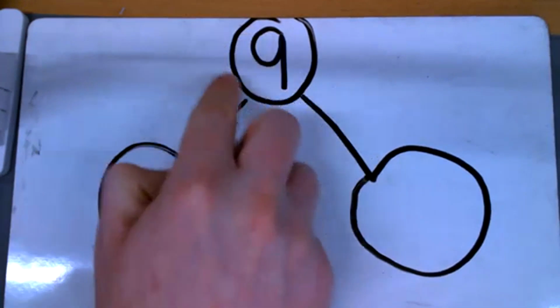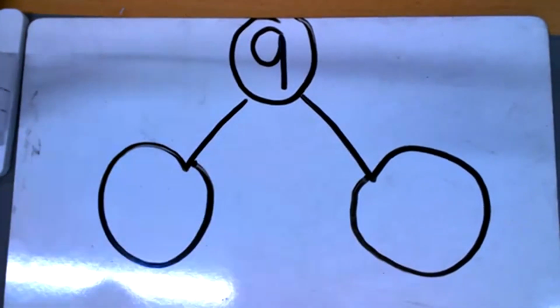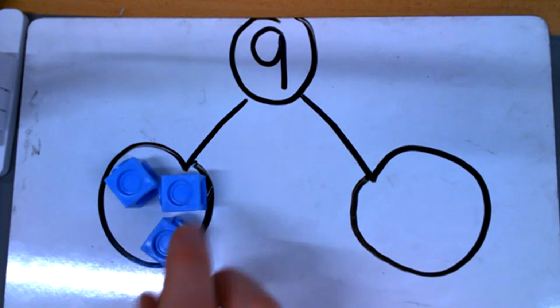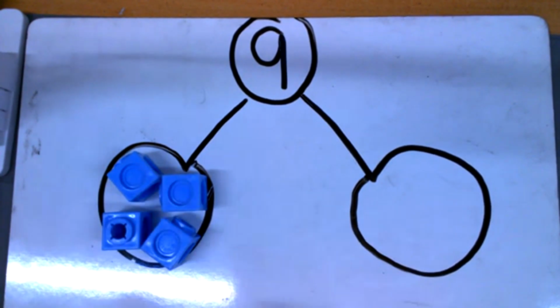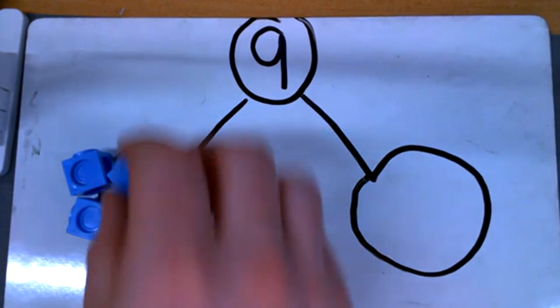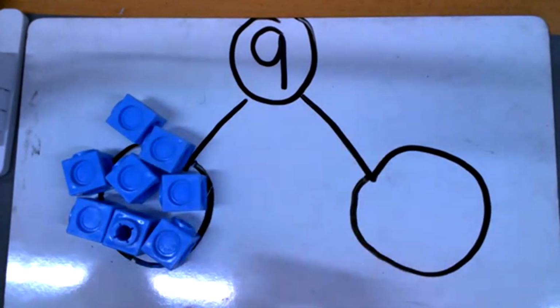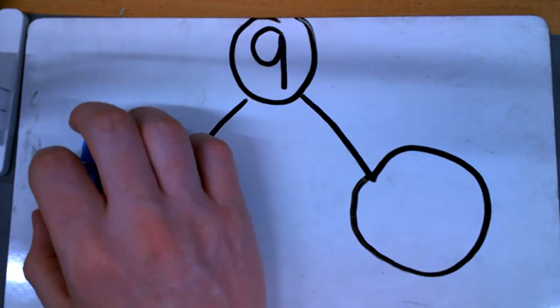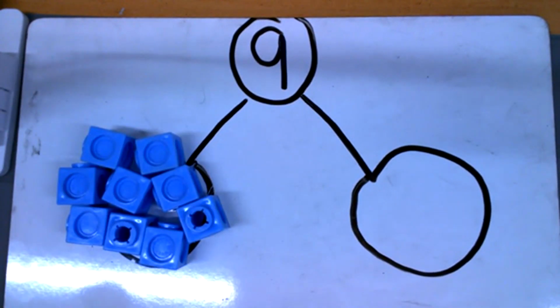So what I'm going to do is I'm going to get my 9 cubes and I'm going to pop them all over here. 1, 2, 3, 4, 5, 6, 7, 8, 9. 9 cubes in this side. And then I can make a number sentence with that now for my number bond.